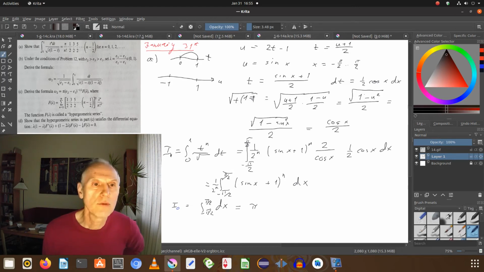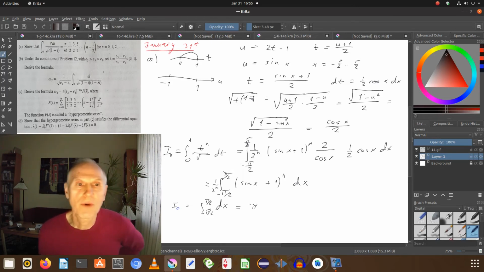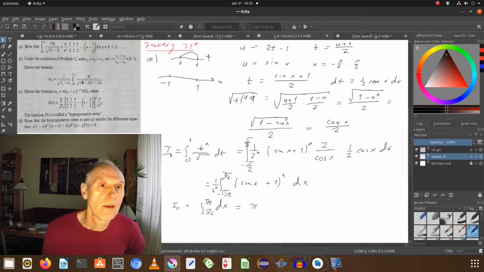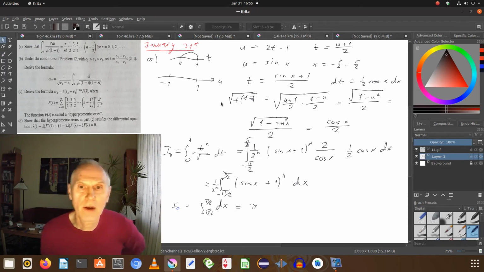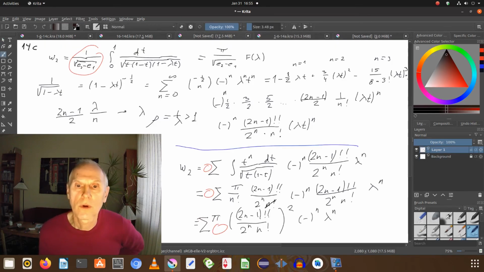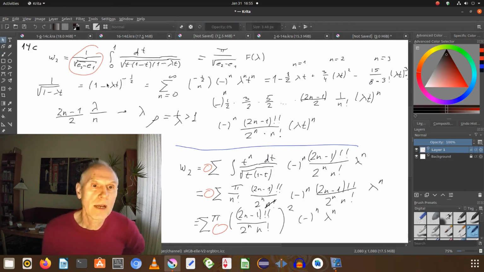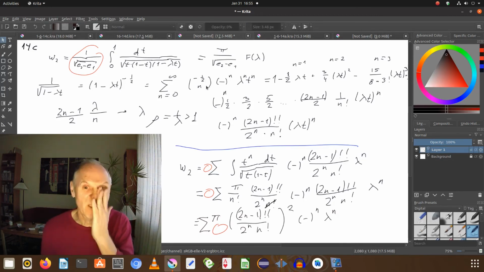Oh, there are two minuses. There's one coming from the minus lambda to the nth, being exponentiated, and then one minus coming from this guy.